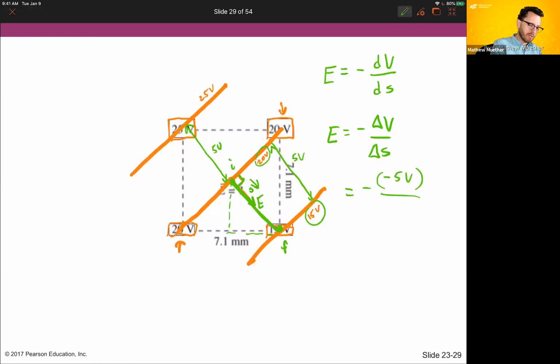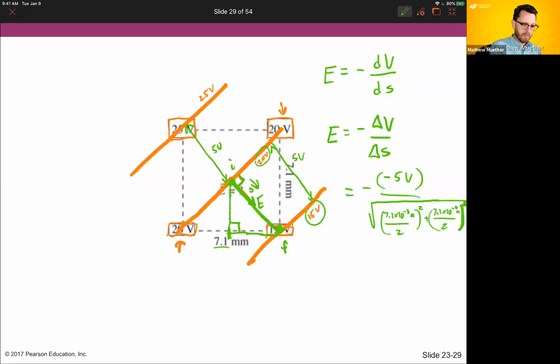How far did I travel? What's that distance? I can see that I formed a right triangle here, and each of the smaller sides of the triangle is half of 7.1 millimeters. So I can use the Pythagorean theorem to find that this change in position has got to be the square root of (7.1 times 10 to the minus 3 meters over 2) squared plus (7.1 times 10 to the minus 3 meters over 2) squared.